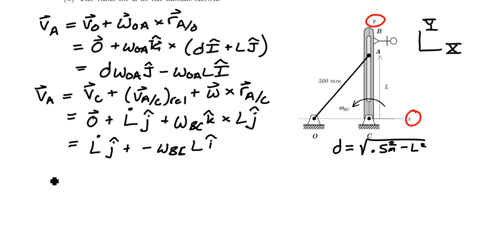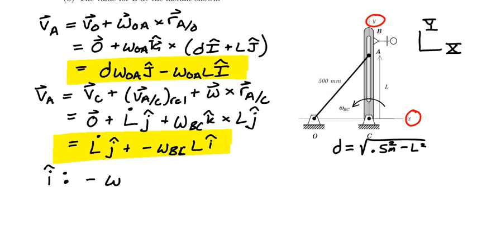And so in this regard, I can go ahead and look for the answer. If I look at the little i direction, which of course is the same as the capital I, and I equate the two expressions for VA that I've developed, namely this one right here and this one right here, I'll get the following result: minus omega OA times L is equal to minus omega BC times L. From this, I get that omega OA has to equal omega BC.